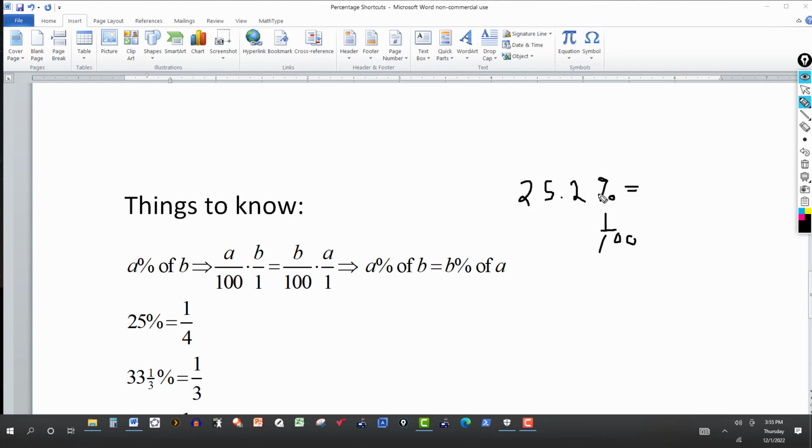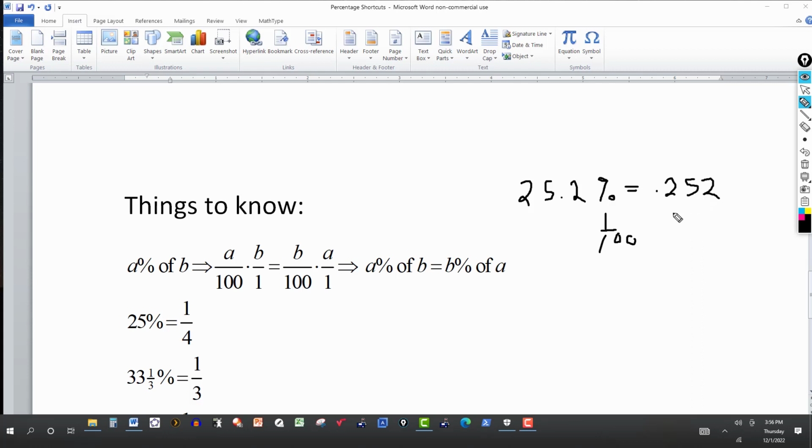So if you drop the percent sign, you move the decimal over 2 places to the left. You get 0.252. Going back the other way, to write the 0.252 as a percent, we would move the decimal over 2 places to the right.